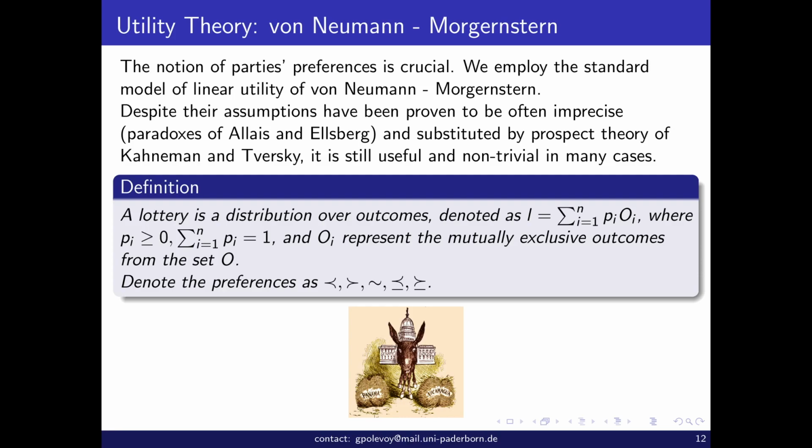There are those paradoxes of Allais and of Ellsberg that show that the von Neumann-Morgenstern theory is not true, but still it's useful, important to know.